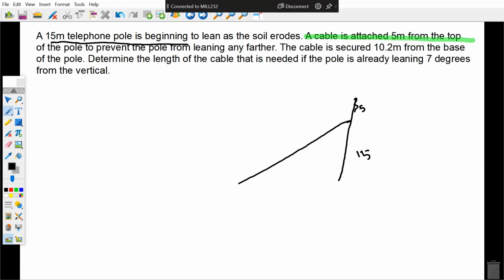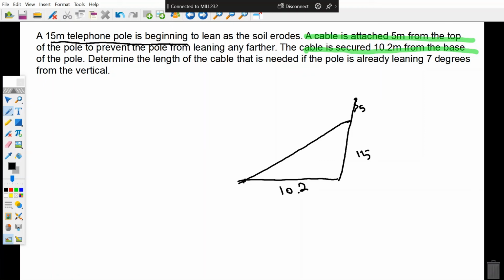The purpose of the cable is to prevent the pole from leaning any further and falling over. The next step is that the cable is secured 10.2 meters from the base of the pole. Well, finish our triangle, obviously. 10.2 meters from the base of the pole is where the cable attaches. So our bottom length is 10.2.